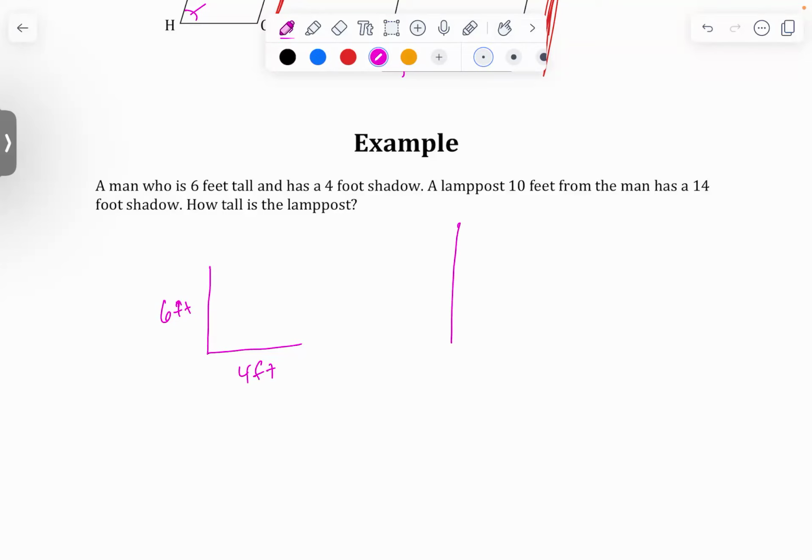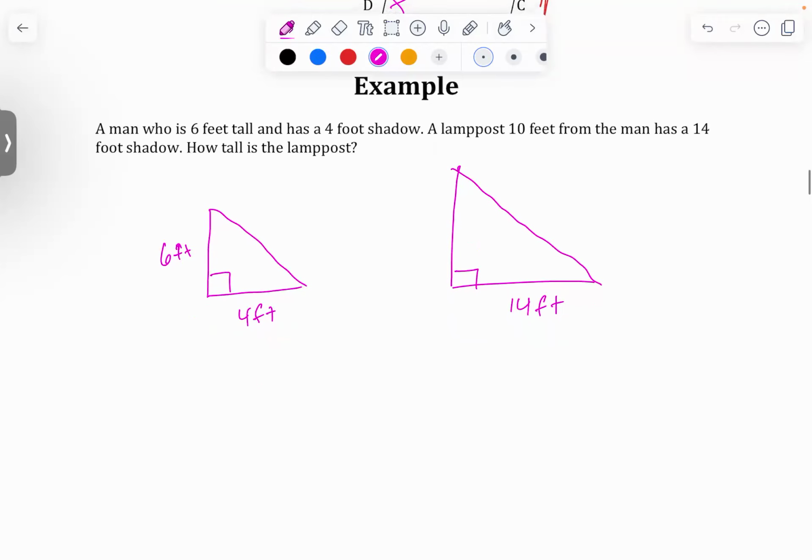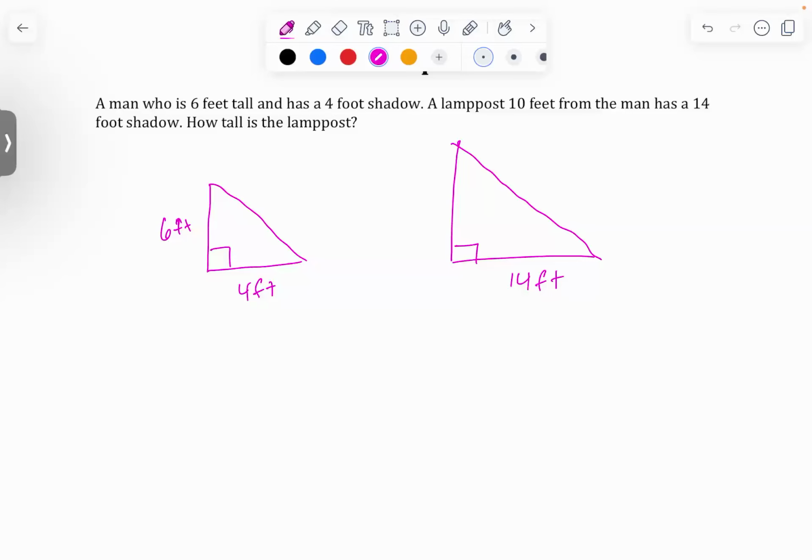Then I have a lamppost that has a 14-foot shadow. Now, knowing what we do, guess what shape we're going to make here? Triangles. And because it's a man and a lamppost, ideally, again not specified, but these are both right angles. Hence, now I have similar figures. I'm trying to see how tall is the lamppost.